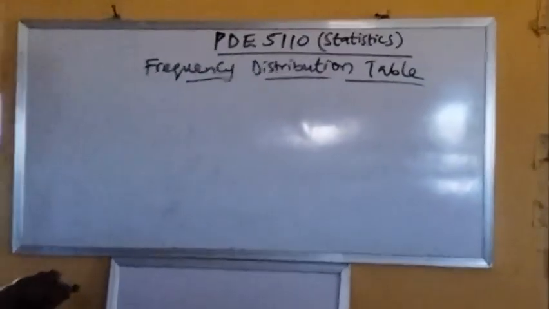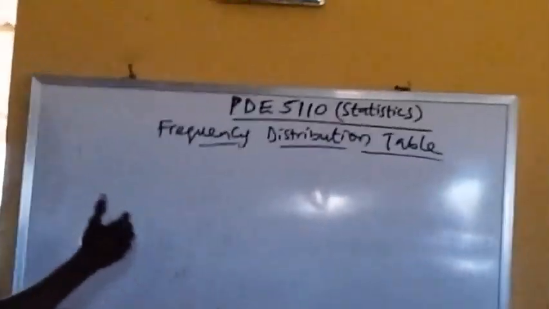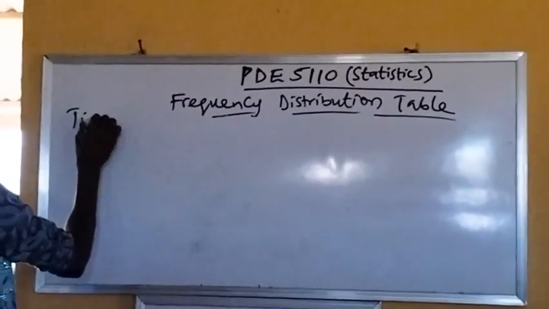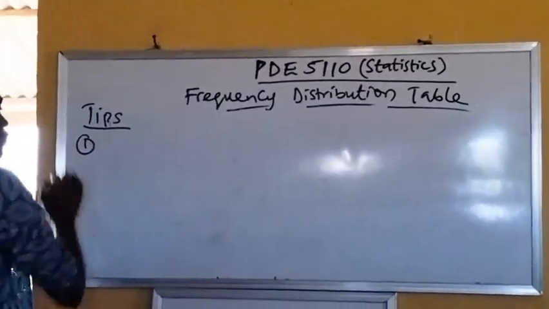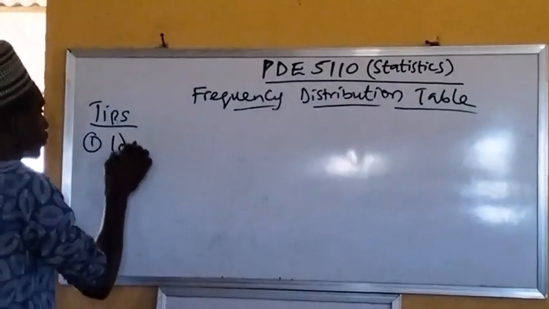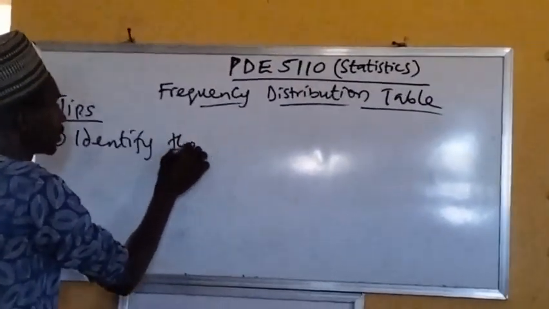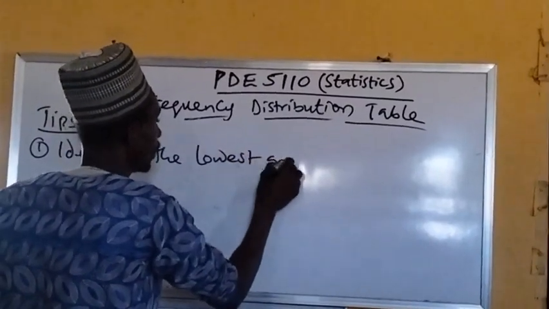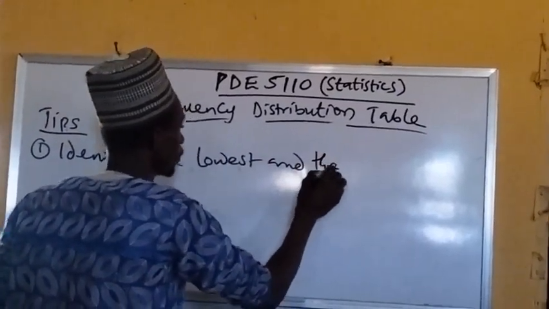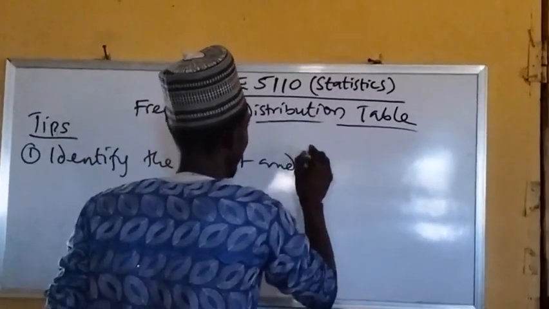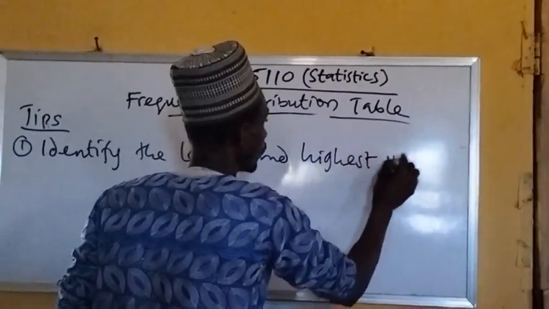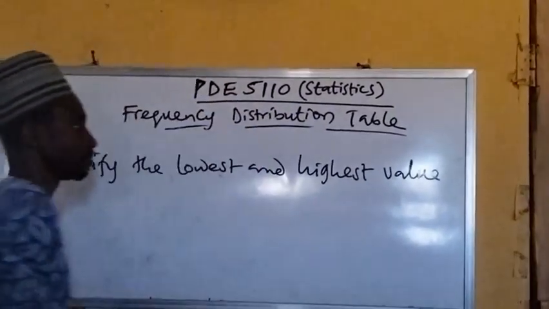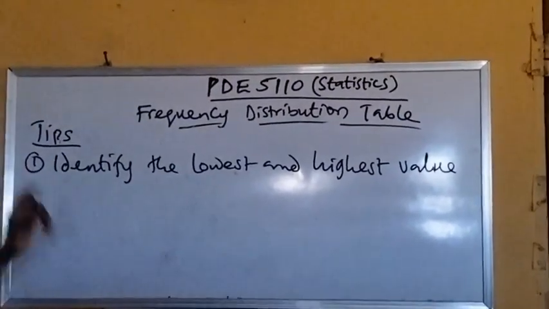Number one, when we are given data and we are asked to draw a frequency distribution table, the first thing we need to do is identify the lowest and the highest value or number. That is the first thing.